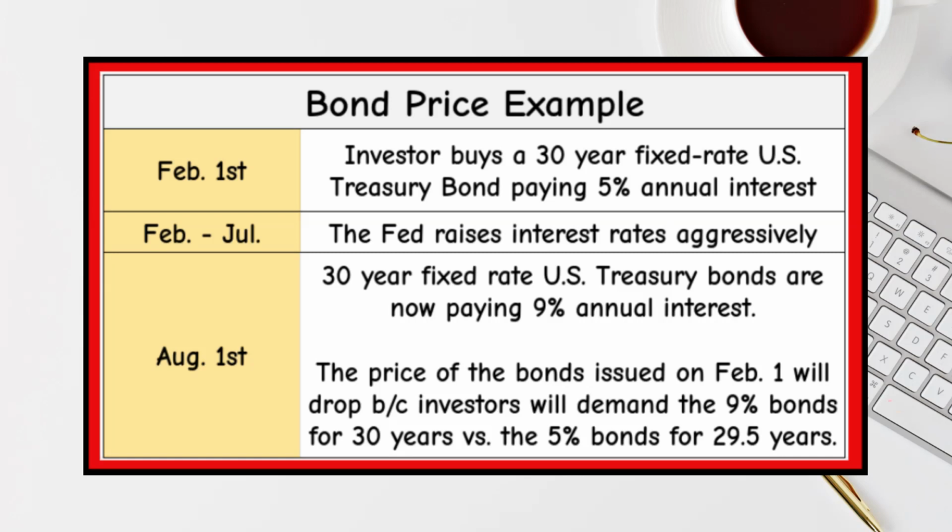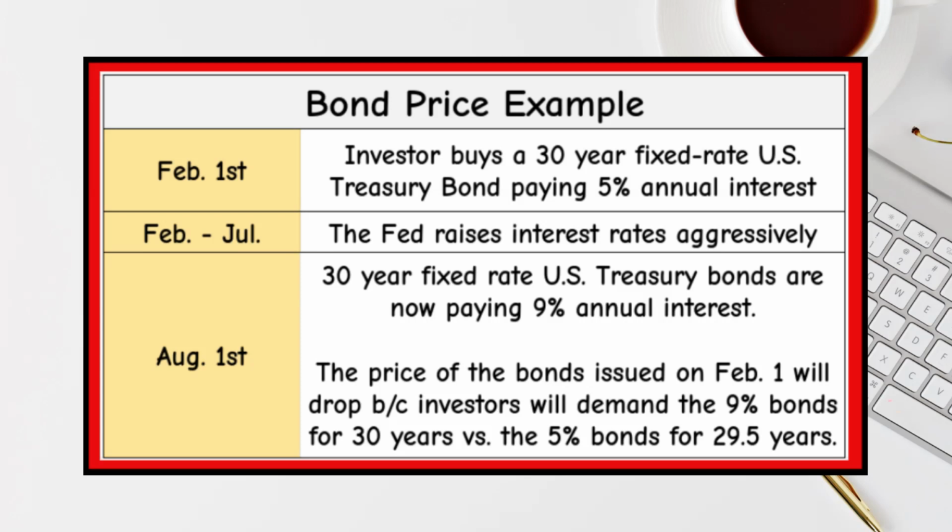That bond will also have a price that the market determines. Now, let's say over the course of 6 months, the Federal Reserve raises interest rates significantly, and on August 1st, a new 30-year U.S. Treasury bond is issued at 9%.